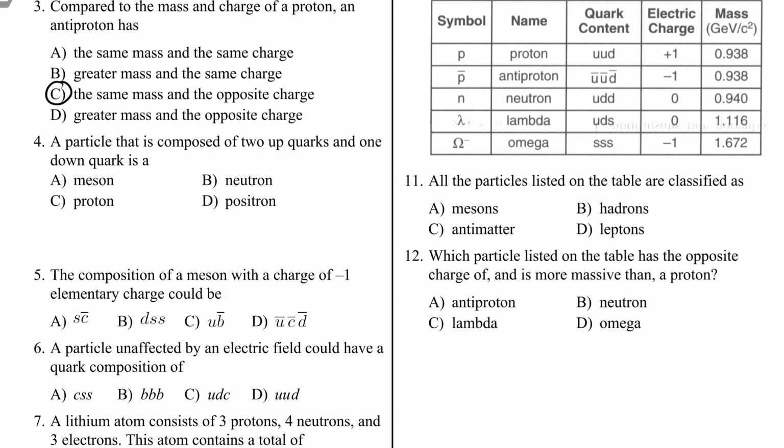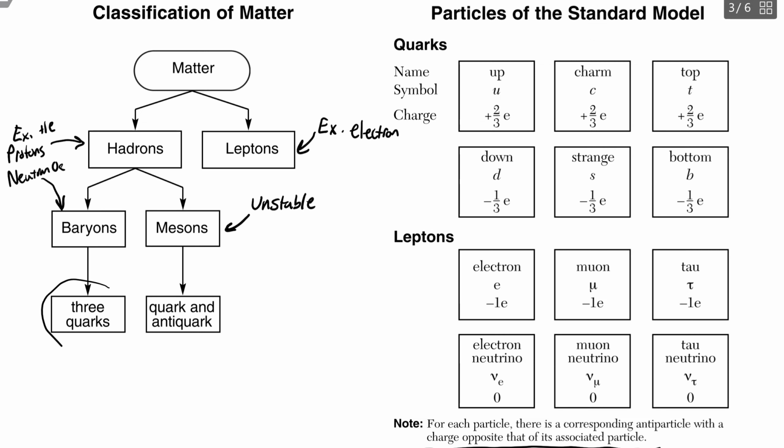A particle that is composed of 2 up quarks and 1 down quark, so 2 ups and 1 down. That looks like 3 quarks to me. So look at your table. What would you call something that's made of 3 quarks? Is it a meson, a proton, a neutron, or a positron? All right, so 3 quarks, and then it was either a proton or a neutron.